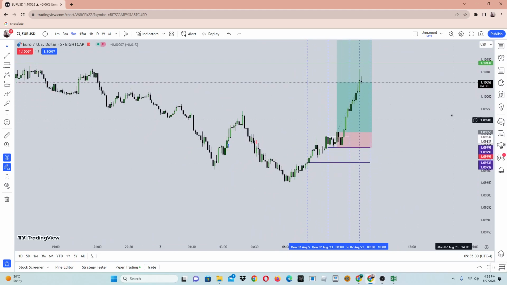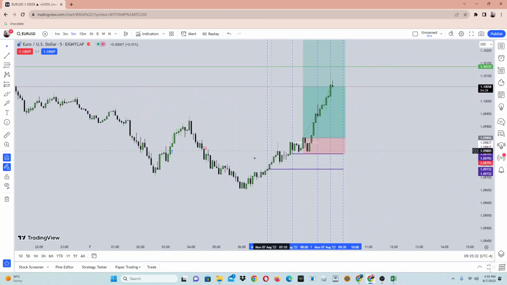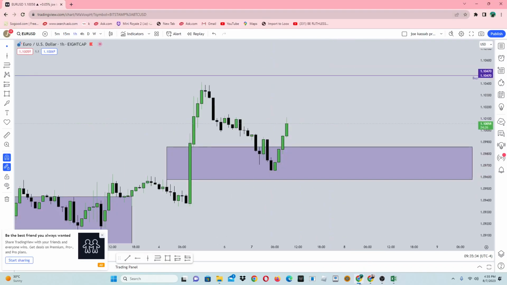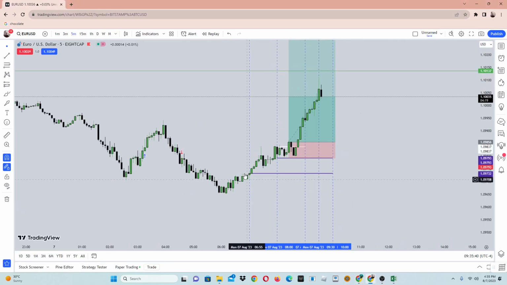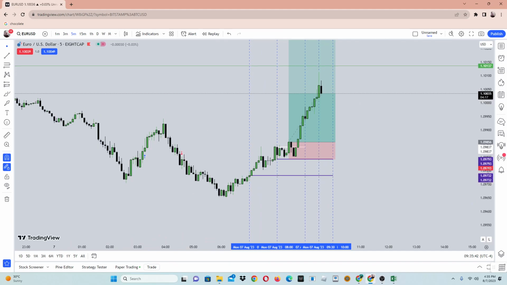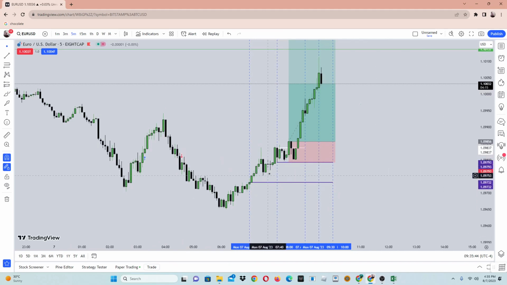So now going into the New York session, as you can see, we had the retracement, then we formed a swing low right here. My entry should have been at this area right here, but we did not form a swing low below the open.